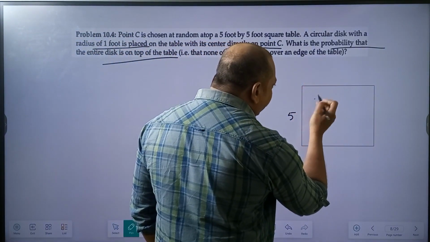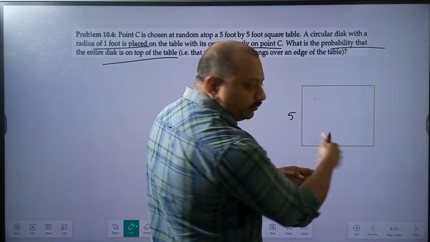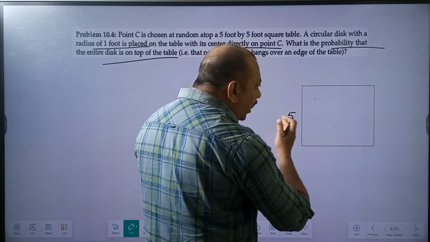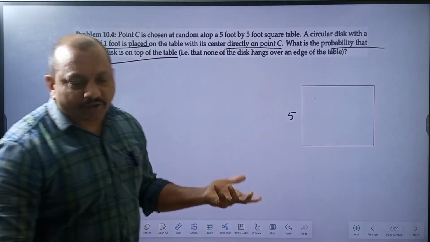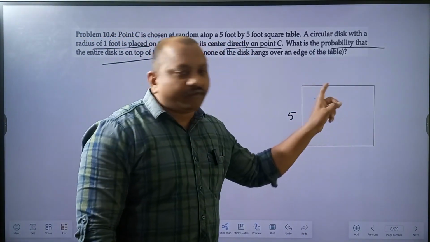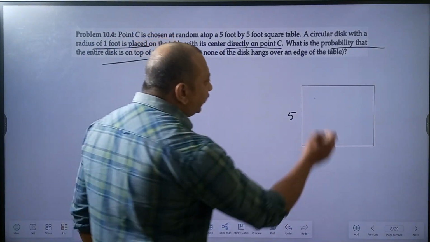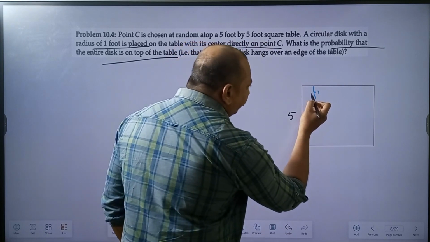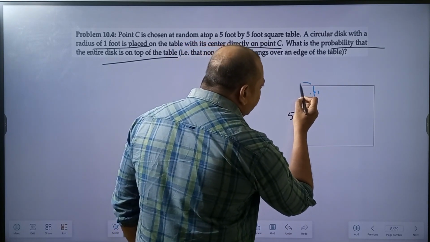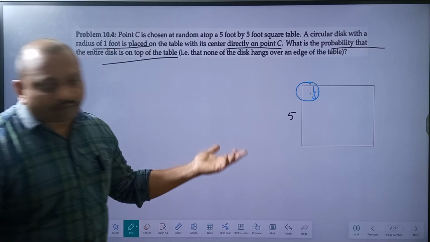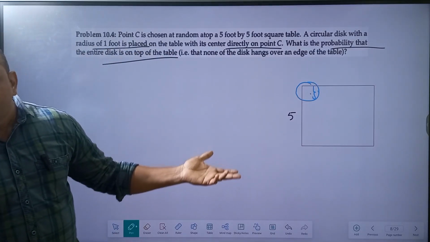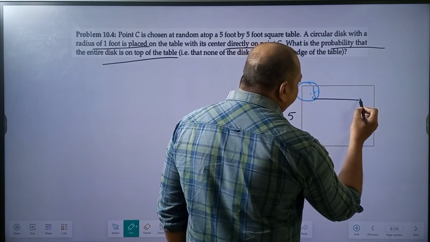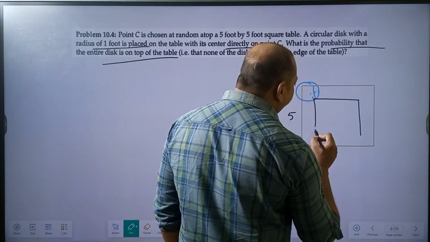Definitely the point must be 1 unit below this border, or 1 unit left of this one, 1 unit above this one, or 1 unit right of this one. Then only the total disc will be on the square table. Suppose we take the center here, then definitely the circle will be outside the square. So the center of the circle must be inside this line only. It is simple.